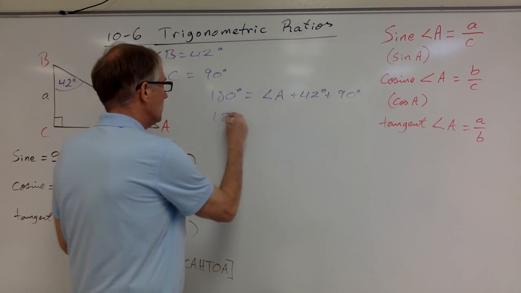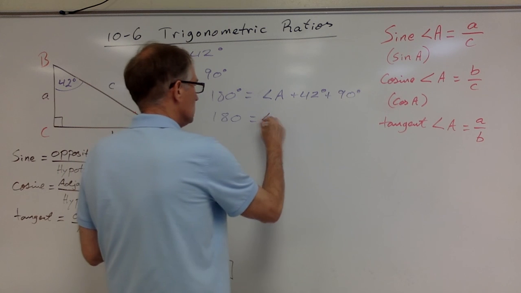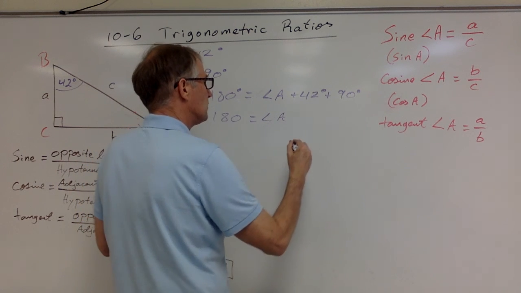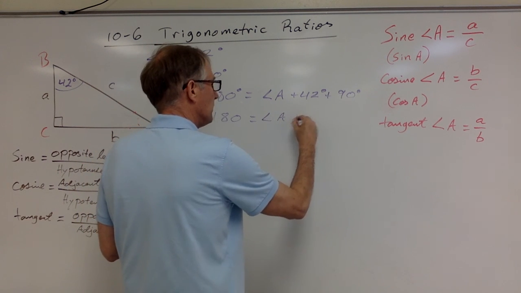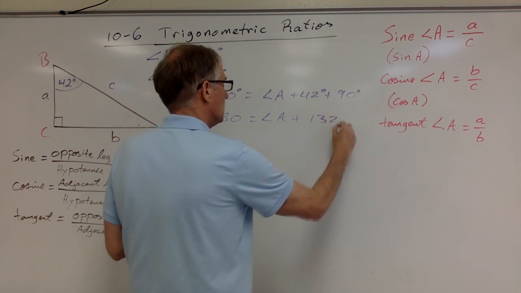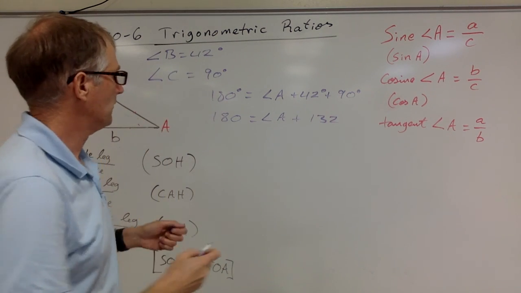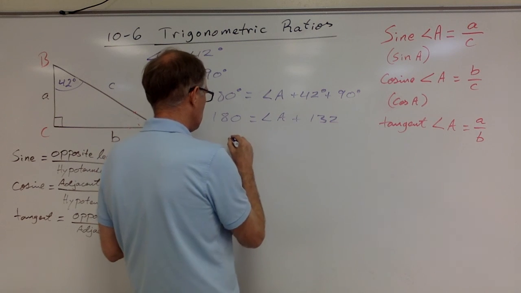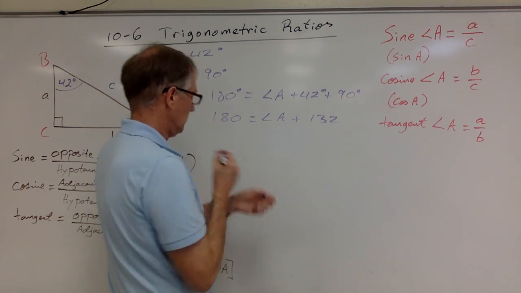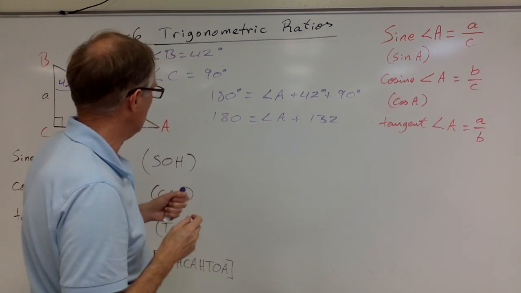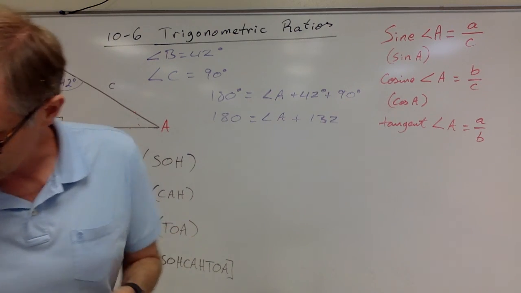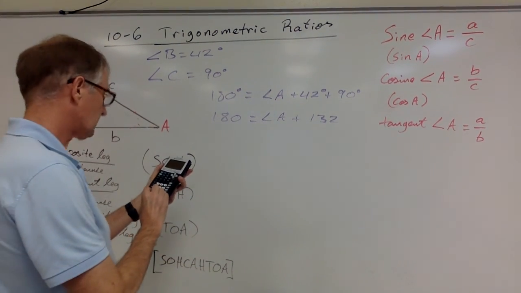So 180, I'm going to skip the degree symbol, must be equal to angle A plus, what is that, 132? If I subtract 132 to the other side, oh gosh, I should be able to do that in my head. So it would be 48, I'm not sure. Is that right?